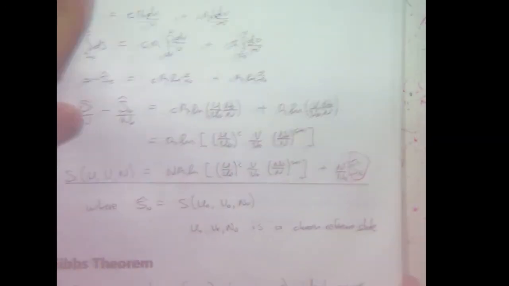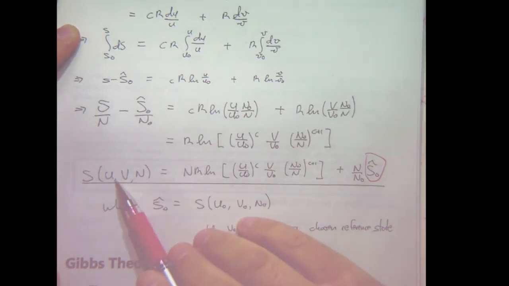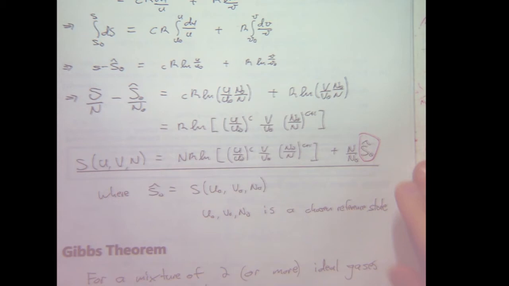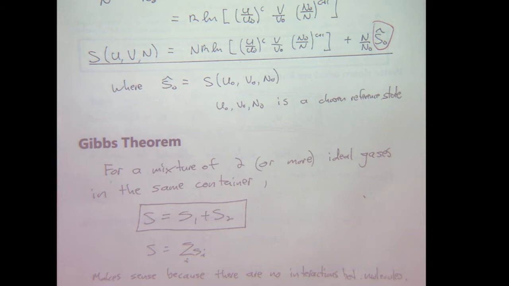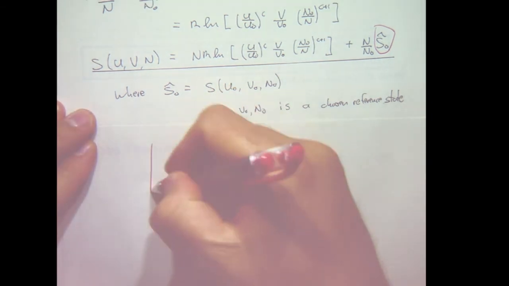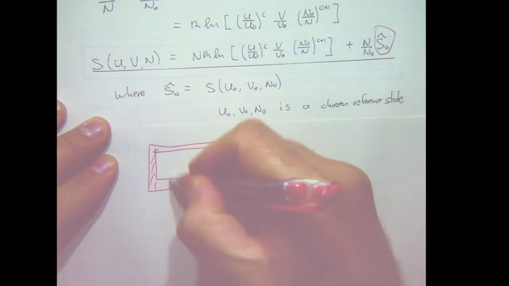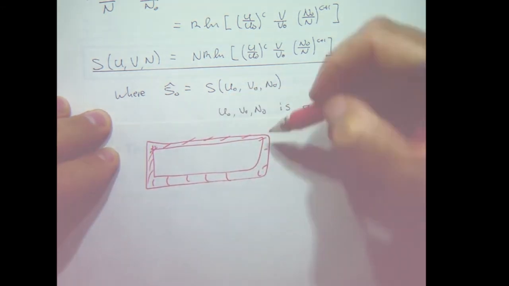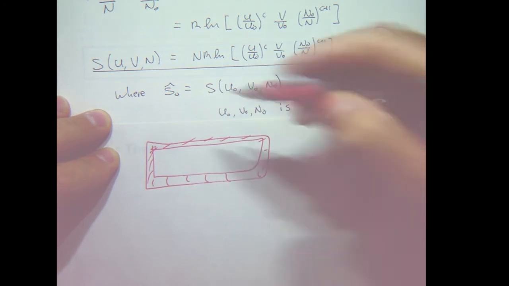So we've just worked out the fundamental relation for an ideal gas, and then there's the idea that suppose you have an isolated system, an isolated container, if you like, rigid, adiabatic and impermeable, so it's isolated.